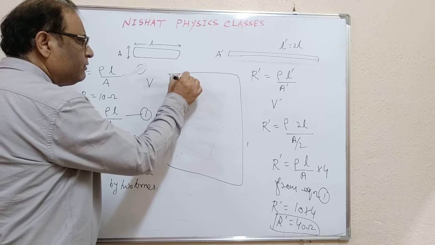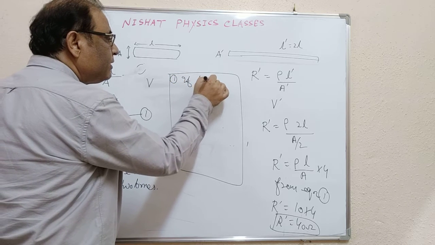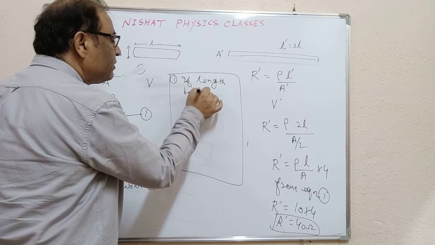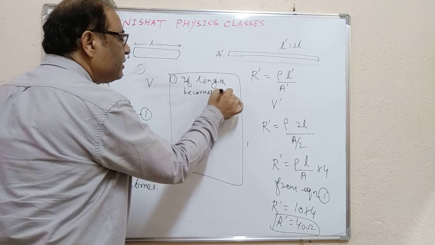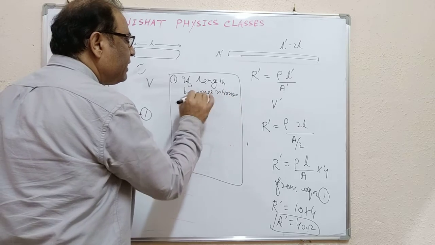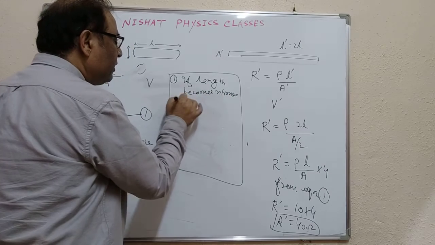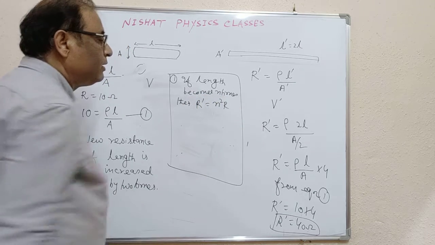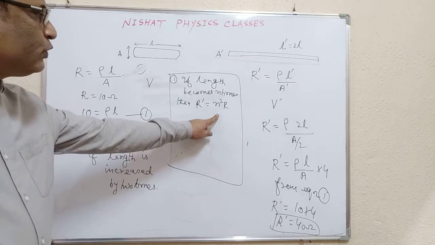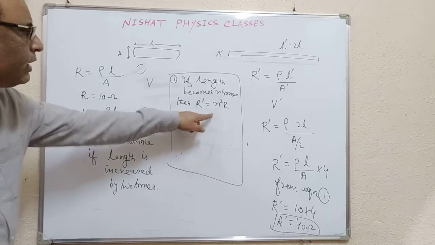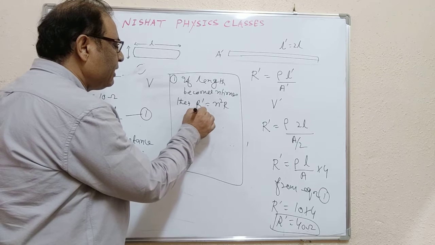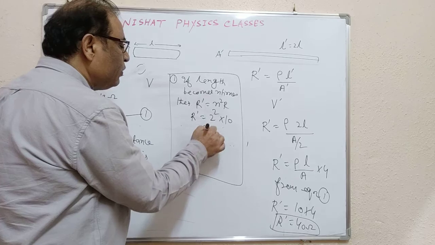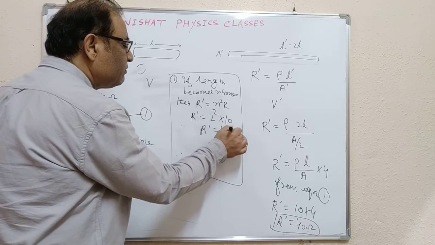Number 1, if length becomes n times, then new resistance is n square R. For double, R dash is 2 square times R, which is 10.